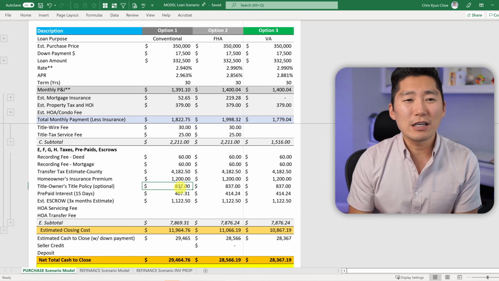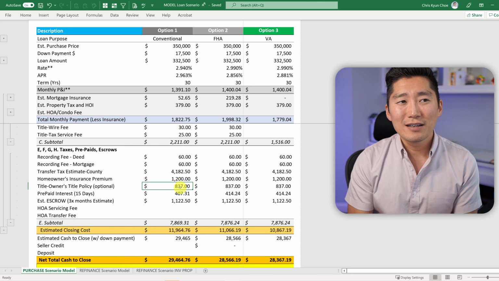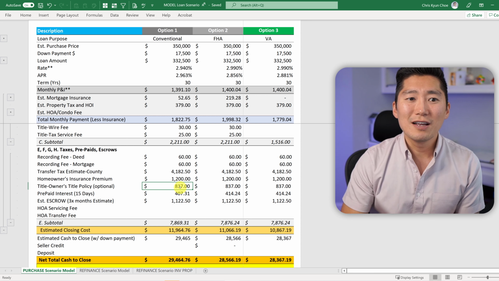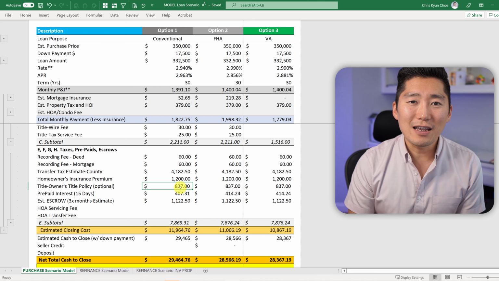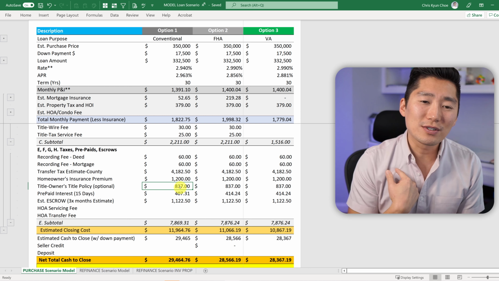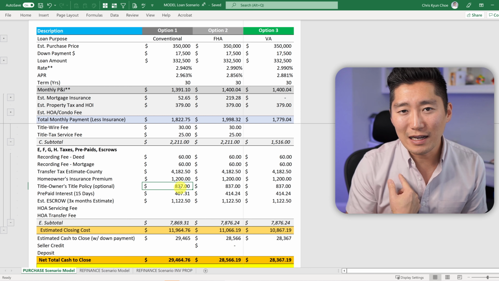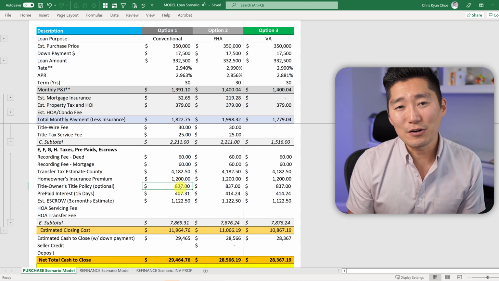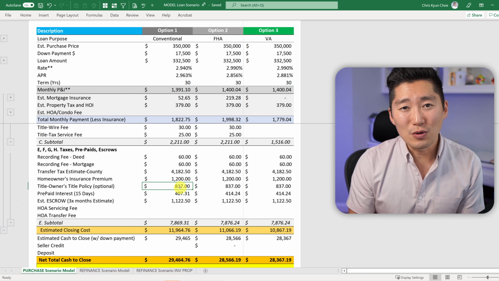The main reason is to cover yourself for title issues. Let's say a year or two down the road, somebody comes to you and says, hey, you bought this house illegally, this is my property, it's not yours, the title work was not done correctly. This owner's title policy protects you.